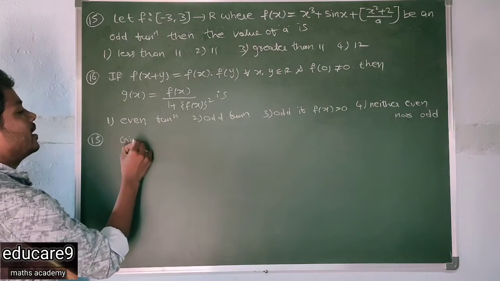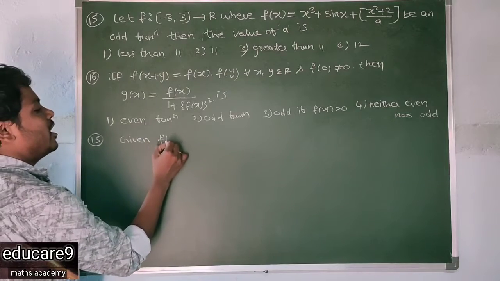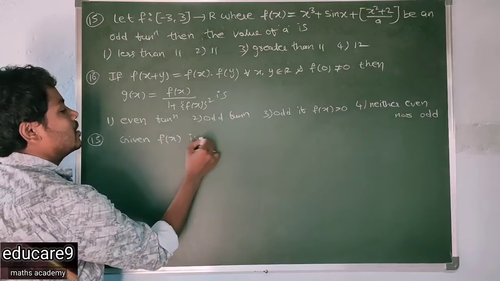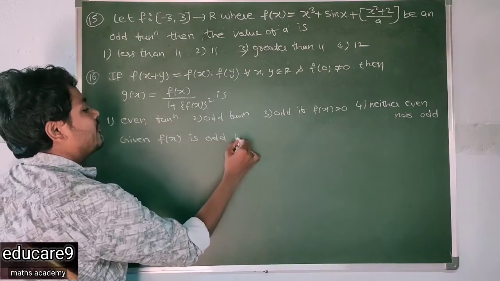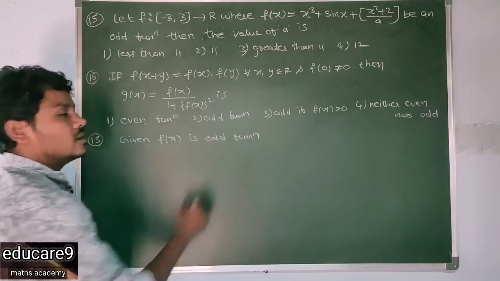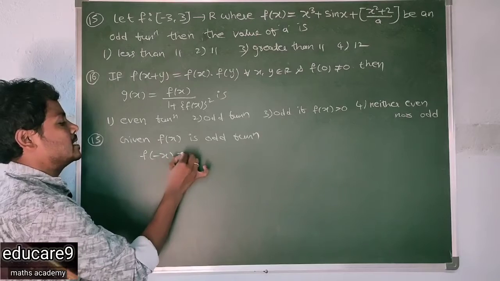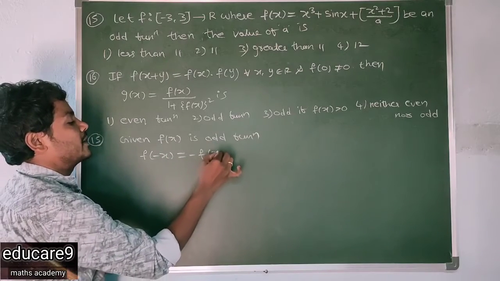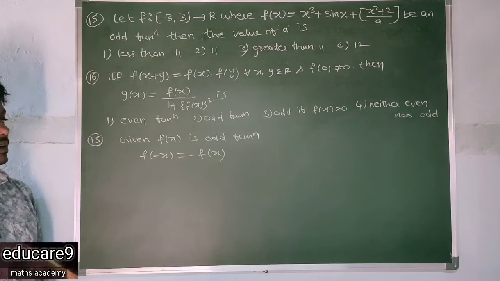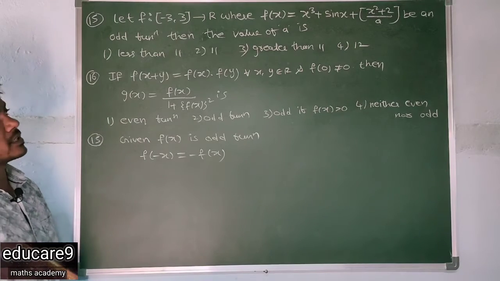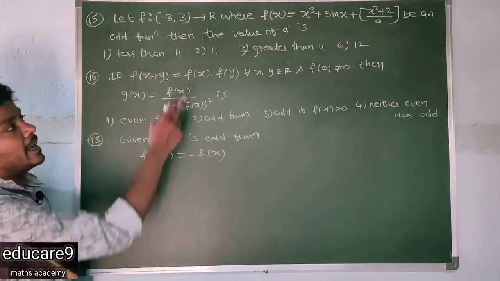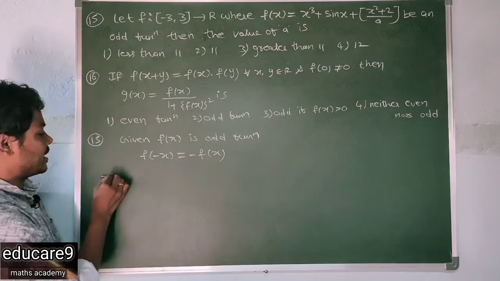So given f of x is an odd function, therefore f of minus x is equal to minus f of x. Now substitute the value of f of x, so replace x by minus x. So what you get?